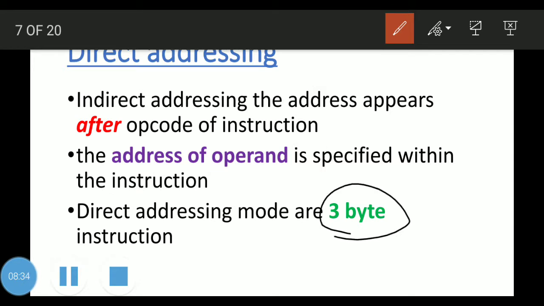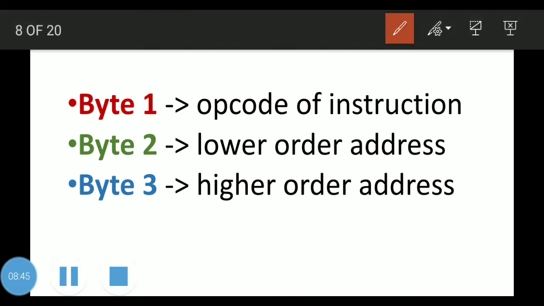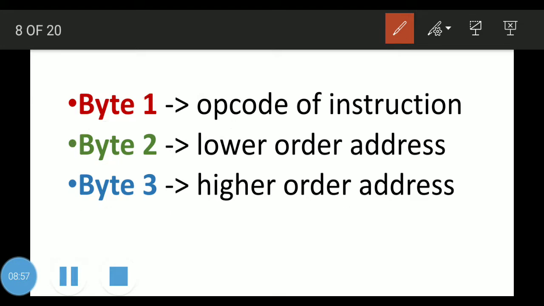Byte 1 deals with the opcode. Byte 2 is the lower order address. Byte 3 is the higher order address. Repeat: byte 1 indicates the opcode, byte 2 the lower order address, and byte 3 the higher order address.